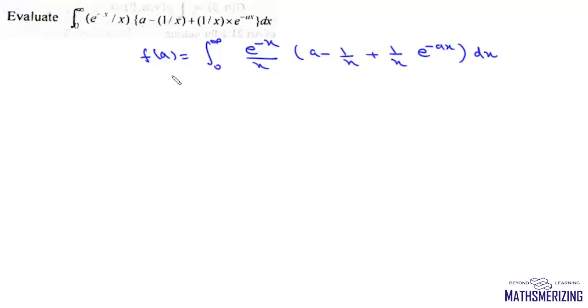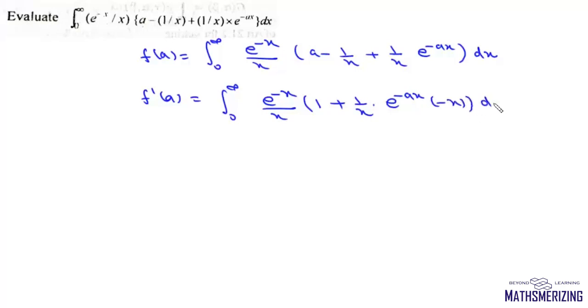Now again we'll differentiate this function with respect to a. We'll write f'(a) as this integral from 0 to infinity, and now we'll partially differentiate this function with respect to a. So it'll be e to the power minus x upon x, derivative of a will be 1, derivative of 1 upon x is 0, then it'll be 1 by x, and here will be e to the power minus ax into minus x dx.